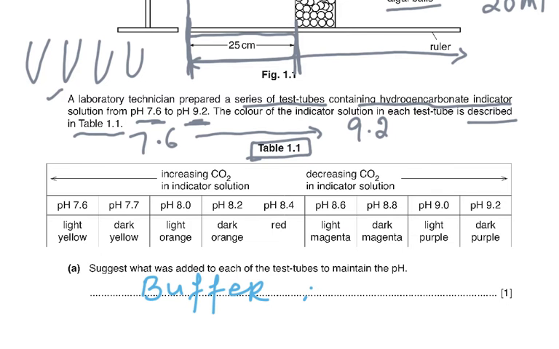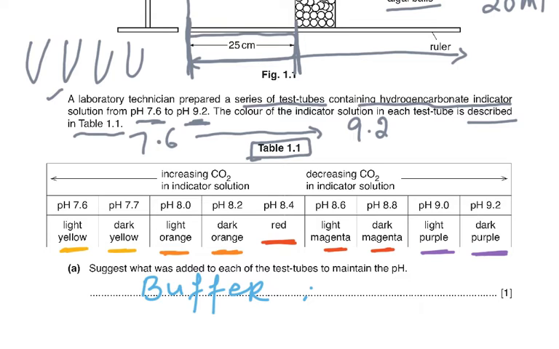Now let's look at this. This one is light yellow, dark yellow, then light orange, then dark orange, then red, then light magenta, dark magenta, and then purple, light purple, and then dark purple.